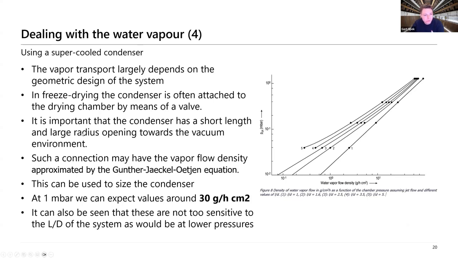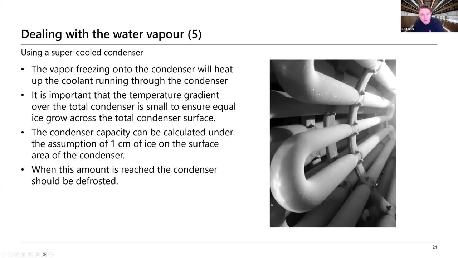So you would still need to optimize this to some extent to minimize the path the flow has to travel to reach the condenser. That could be by distributing the condensers along the infrastructure, or making sure that you have enough flow towards these. Nevertheless, at this 1 millibar, you can expect vapor flow density values of 30 grams per hour per square centimeter.